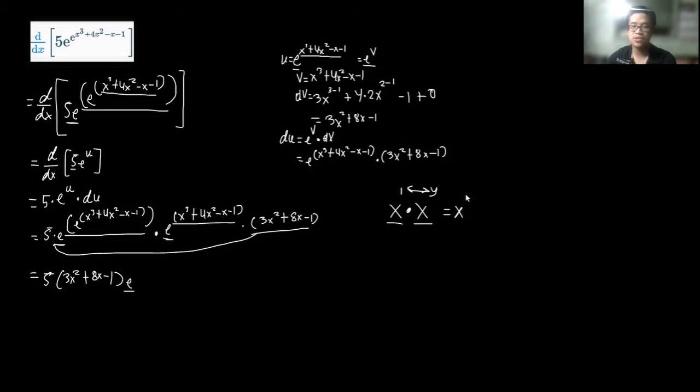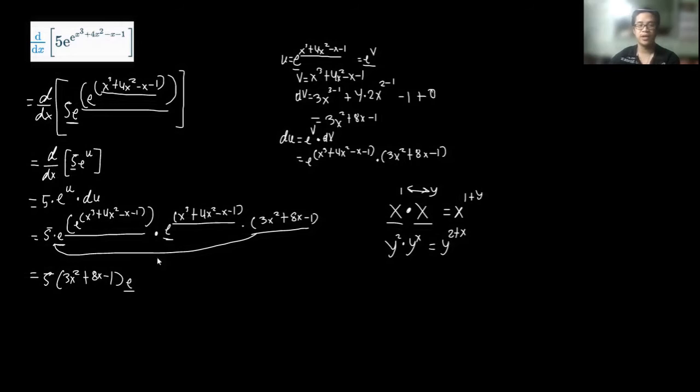The answer is yes. So this will be x raised to 1 plus y. That's it. Another example, if I have y squared times y raised to x, this is just the same as y raised to 2 plus x.